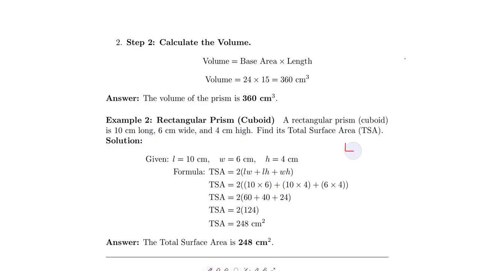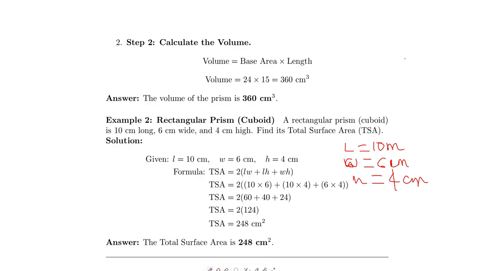That means your length is 10 meters. 6 meters wide, so the width is 6. And this is the height, which is 4. Then they say we should find the total surface area.